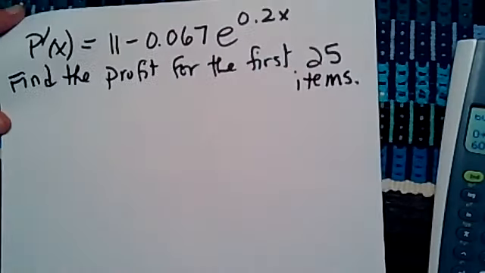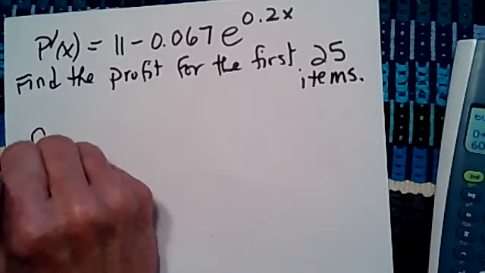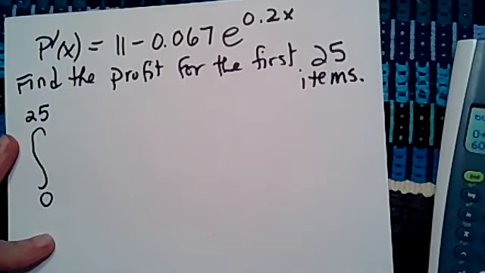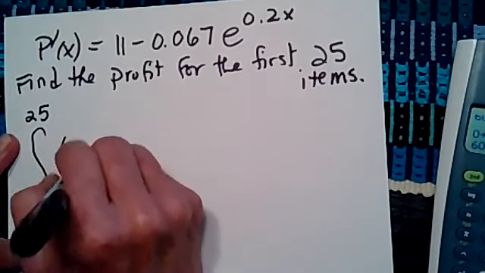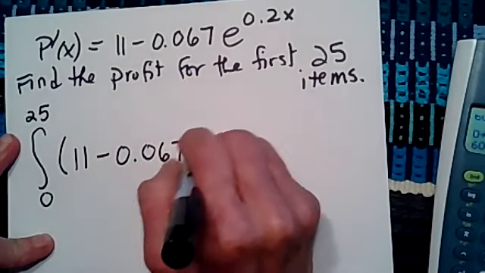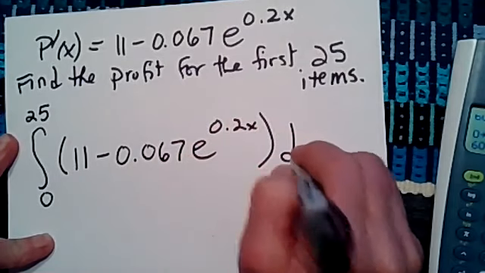When we want the profit for the first 25 items, we set up our definite integral from 0 to 25, 11 minus 0.067 e to the 0.2x dx.